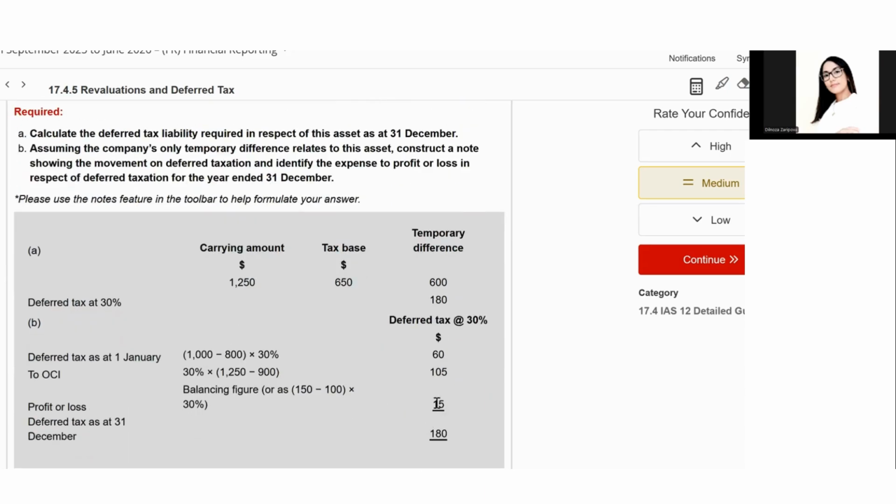You have this difference, right? If you didn't have revaluation, you would have only 60 and 15, and at the end you would have 75. Just you are dividing all the differences between OCI, which means that revaluation surplus, right? And between your depreciation amounts per tax base and per accounting.